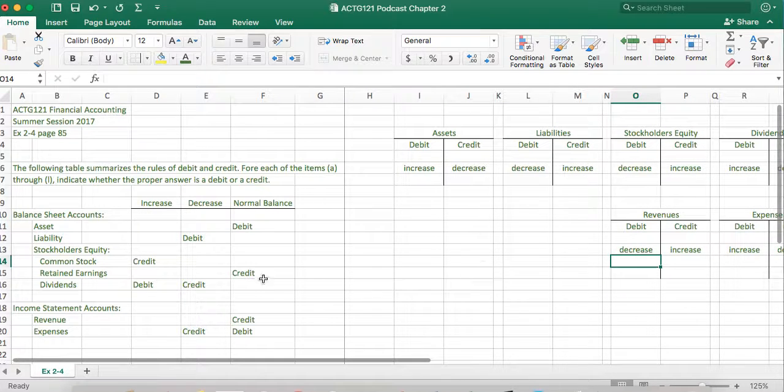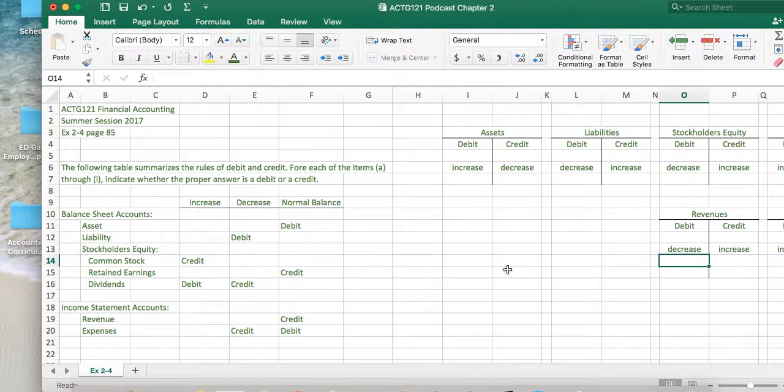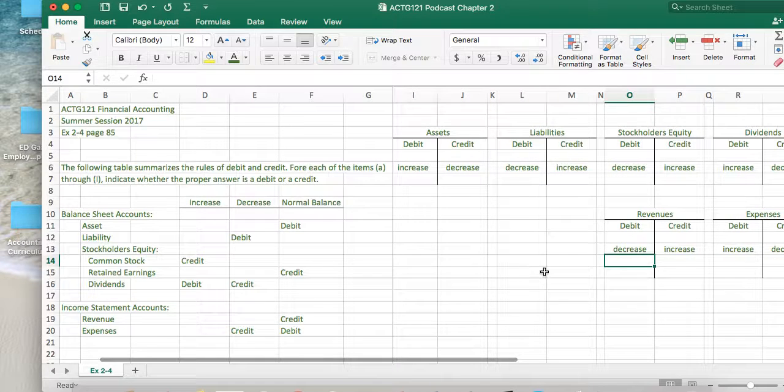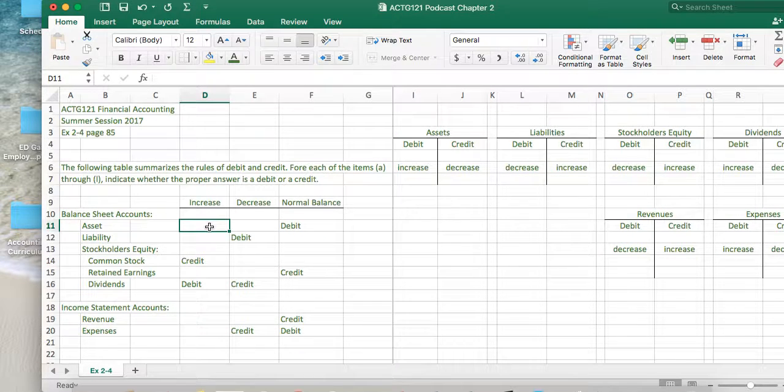Okay? So with that, let's move over to our exercise. I've already filled it in. It's asking us to indicate whether these accounts will increase or decrease with a debit or credit and what their normal balance is.